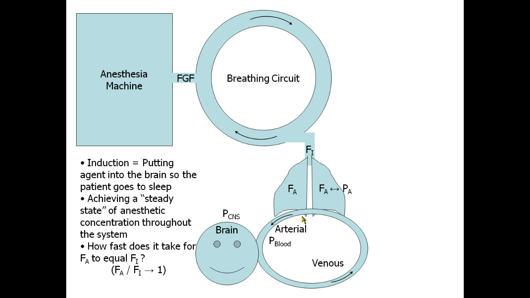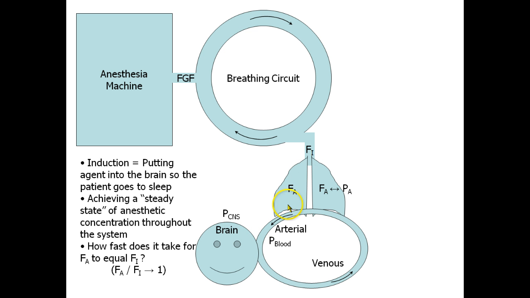How fast does this happen? Well, the faster that Fi equals Fa, the faster that Fa builds up to equal the concentration of gas we're putting in the system, the faster induction is happening, the faster the patient goes to sleep. And you say, well, I don't care about the lungs, I care about the brain. But remember that every time I put something in the lungs, some of it goes to the blood and to the brain.